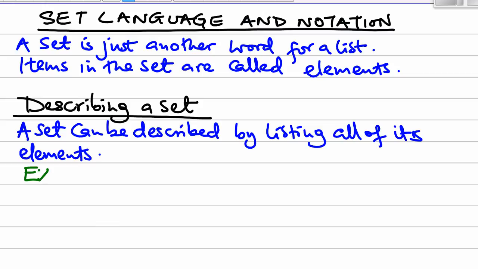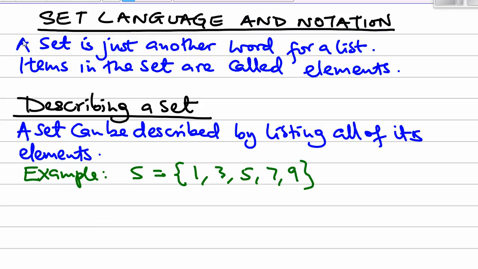For example, set S can be described by listing its elements. And suppose its elements are 1, 3, 5, 7, and 9. That is just how we describe it.